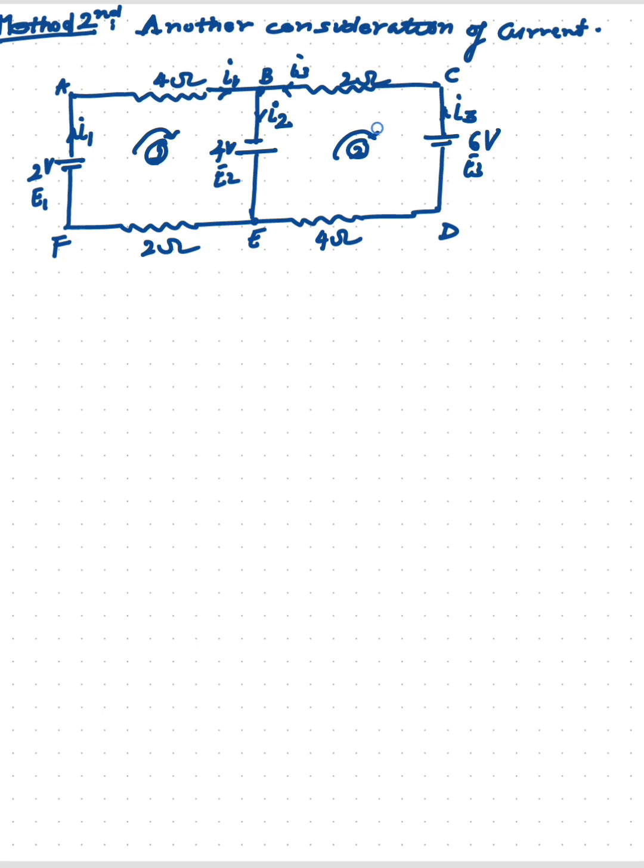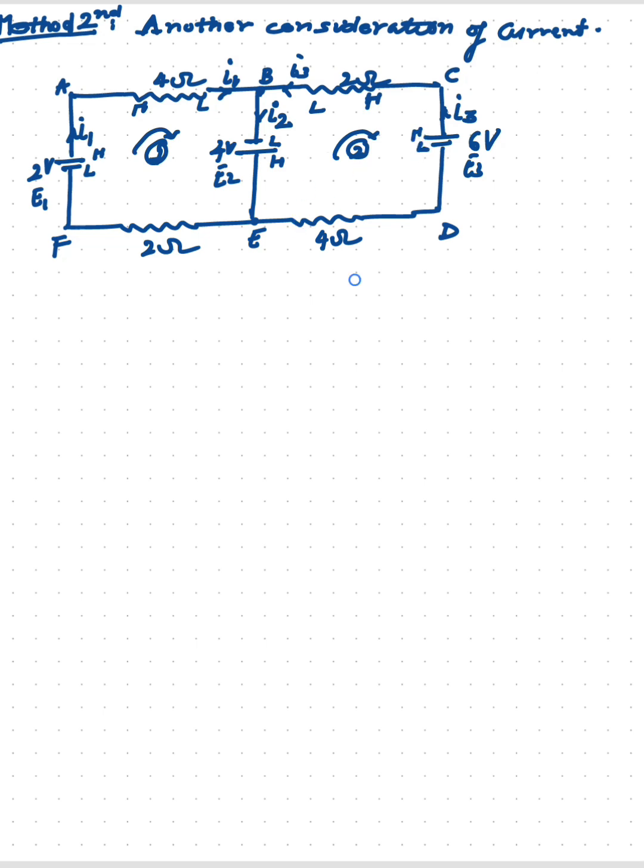Now mark H and L. This is L, this is H, this is H, this is L, this is L, this is H. Here this time current is flowing in this direction, so this end will be high and this end will be low.